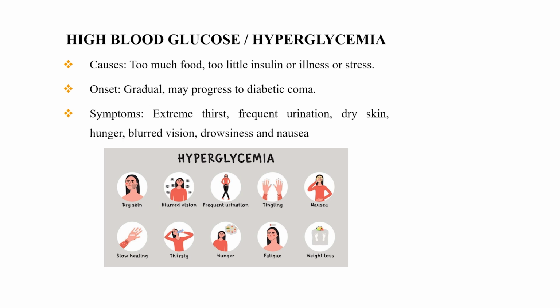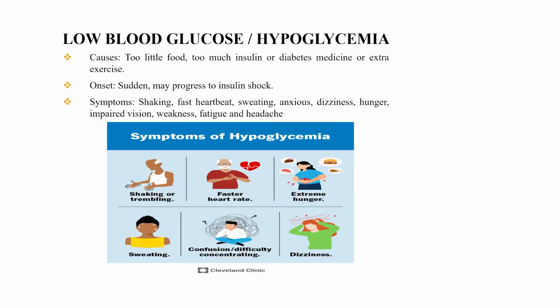Causes are too much food, too little insulin, or illness or stress, all of which lead to hyperglycemia. Onset is slow, a gradual increase, and may progress to diabetic coma. Symptoms: extreme thirst, frequent urination, dry skin, hunger, blurred vision, drowsiness, nausea. These are other signs and symptoms generally seen in high blood glucose level, hyperglycemia.